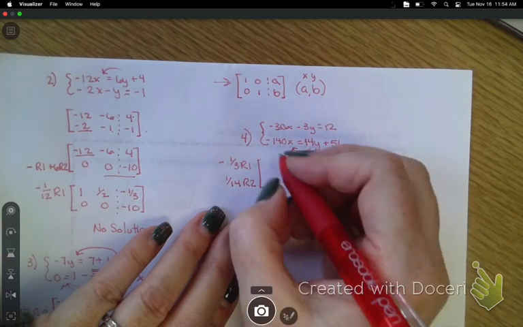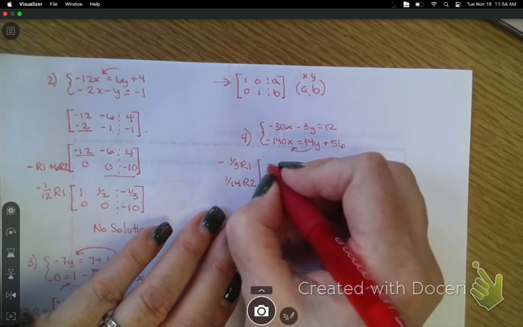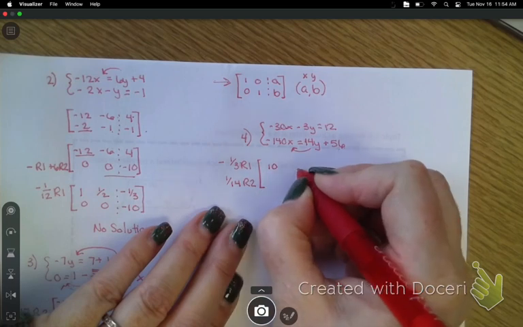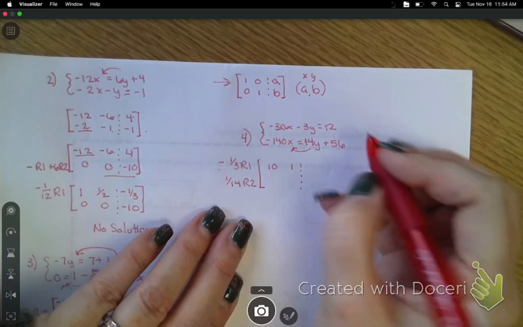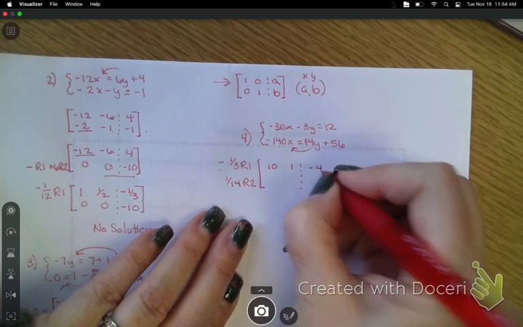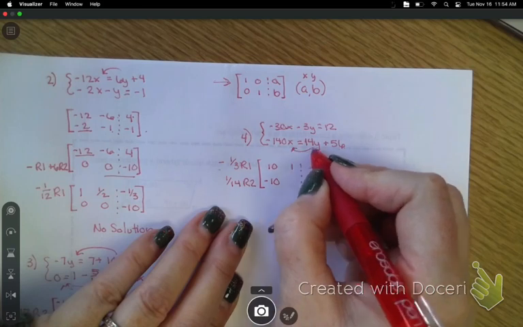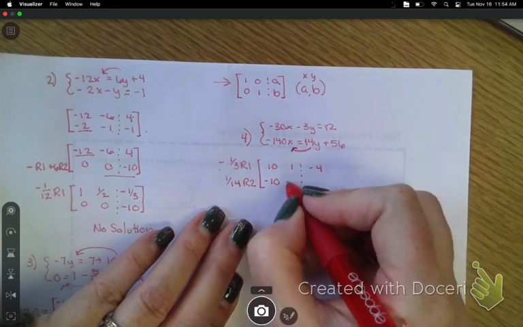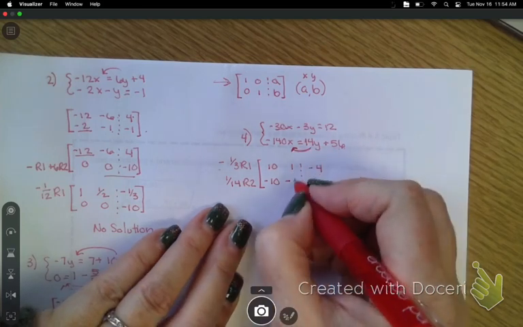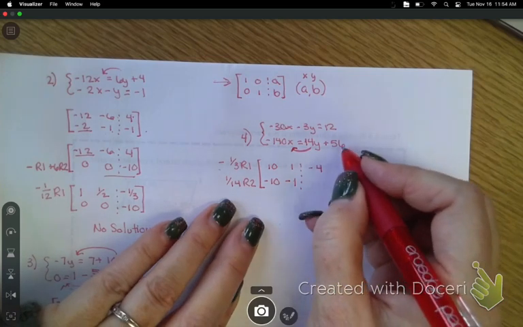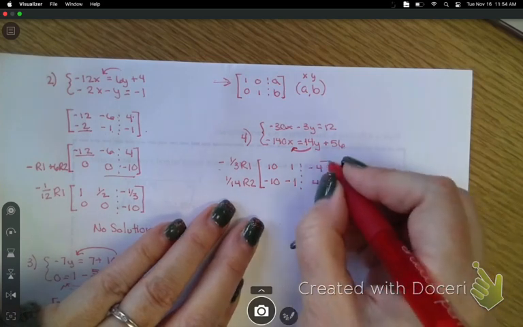So I have 10 and 1, because I've got the negative, don't forget, and -4. And then I've got -10, and this is going to be a negative when I bring it over our y's, and it's going to be 1. And then that's going to be a 4.